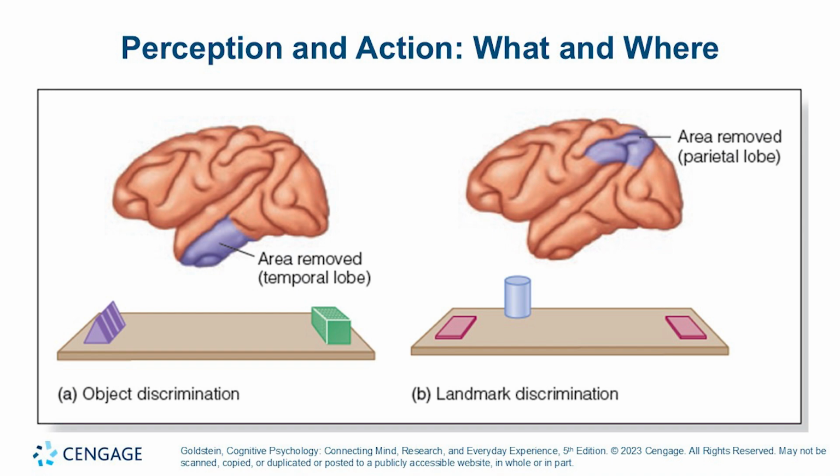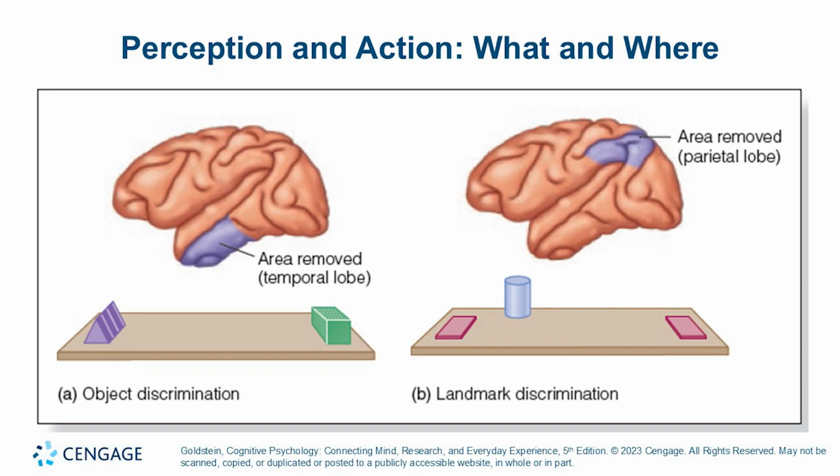On the other hand, the second task that monkeys would be trained to do was the landmark discrimination task, where the food was still hidden under one of two objects that were placed at opposite ends of a display in front of them. But instead of the two objects being different, they were the same, and the location of the food was indicated to them by the position of a third object that was placed closer to the one of the first two that was hiding the food.